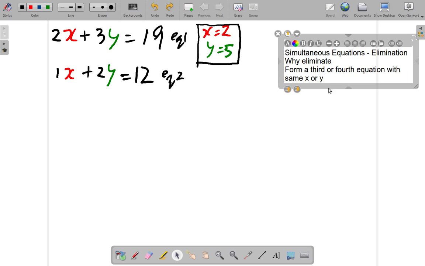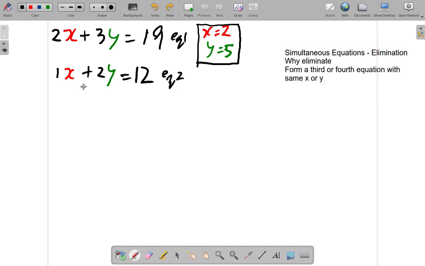So the next step is to think about what you could do to form a new equation. If you could form a new equation with a 2x, and call this equation 3, then you could say equation 1 minus equation 3. 2x minus 2x.